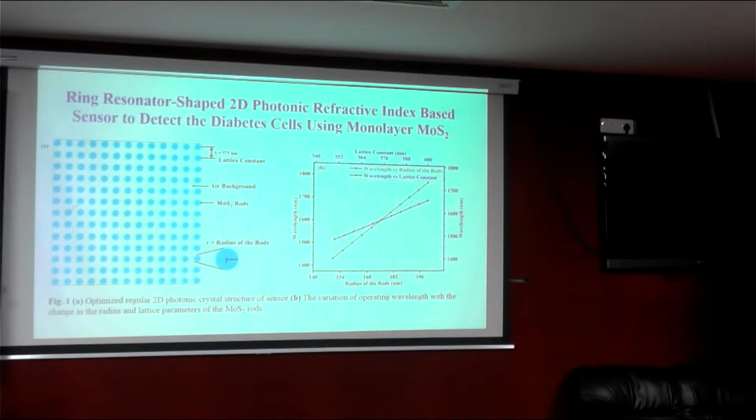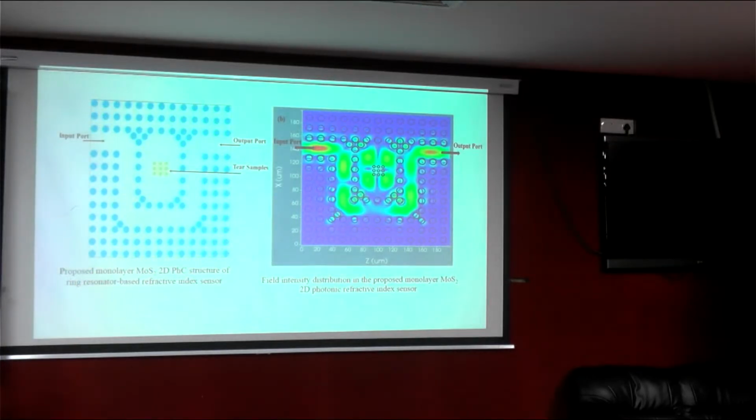This gives enough information: the intersection corresponds to the radius of the rod and the lattice constant of this MoS2 structure. With this information, we kept everything the same, because as I told you, in photonics we have to pass light, and the light has to interact with the analyte sample.